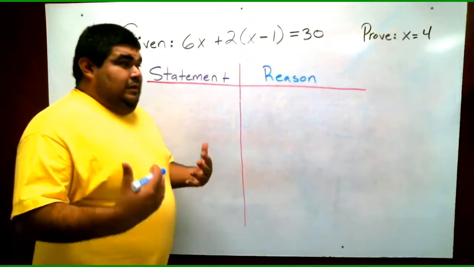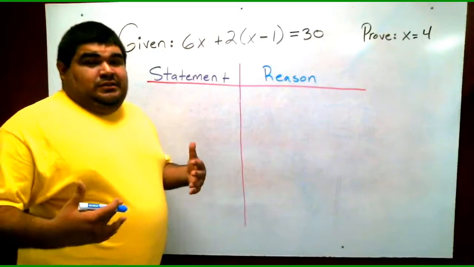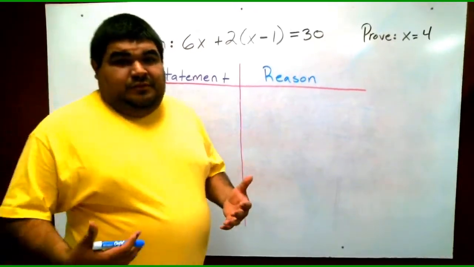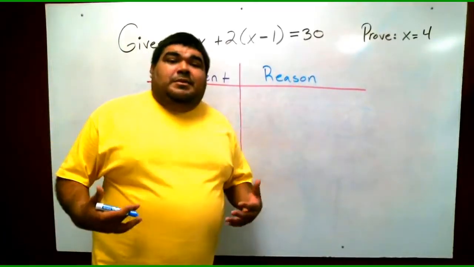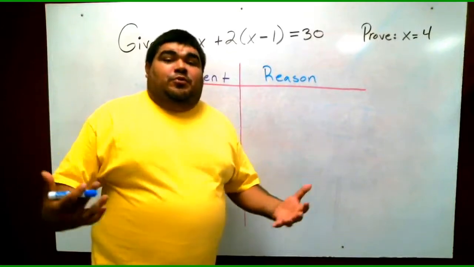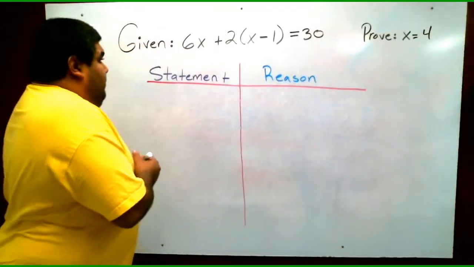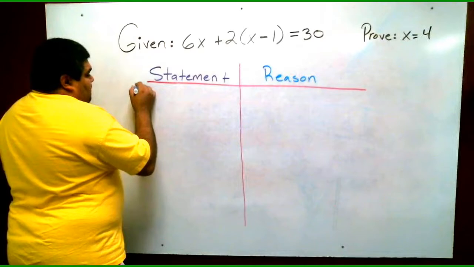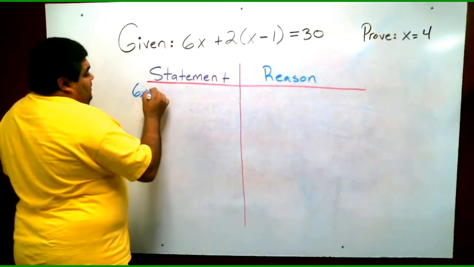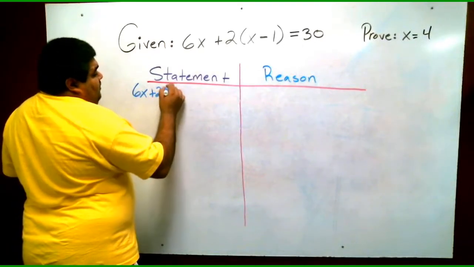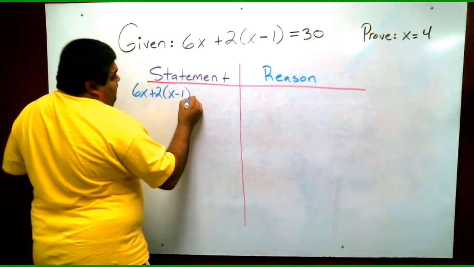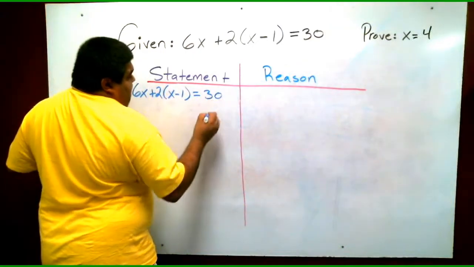The first one is always, if it's hard for you to start the proofs, always start with the given, okay? It makes it a lot easier what you're trying to prove. We're trying to prove that 6x plus 2 parentheses x minus 1 equals 30, okay?